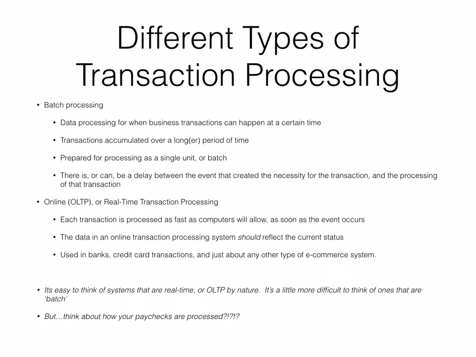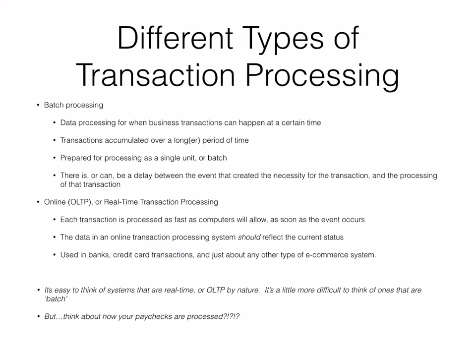So there can be a delay between the event that created the necessity for the transaction and the processing of it. The next type is online transaction processing, or real-time transaction processing, where each transaction is processed as fast as computers allow, as soon as the event occurs.